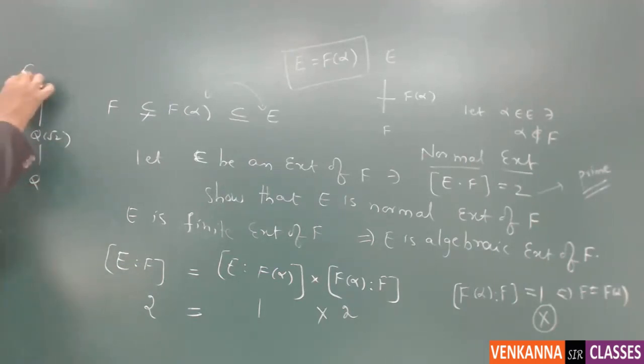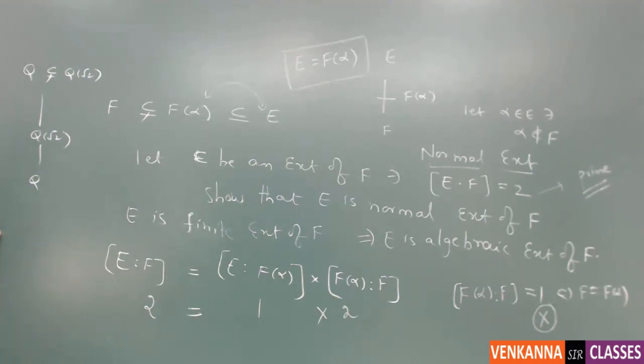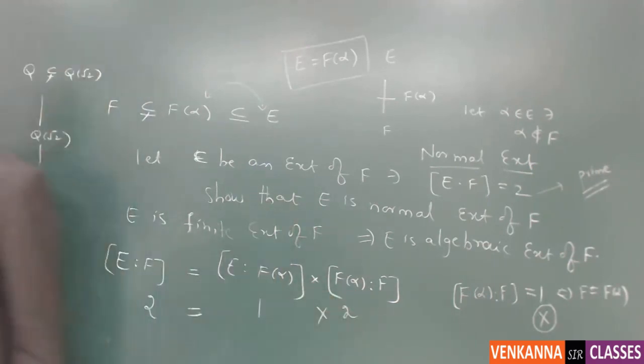So we can say that Q is a proper subset of Q(root 2), isn't it? Now you got the answer. Do you accept it or not, the thing I have written there? So these two will be equal and this value is nothing but 2. Any other questions please for anybody?